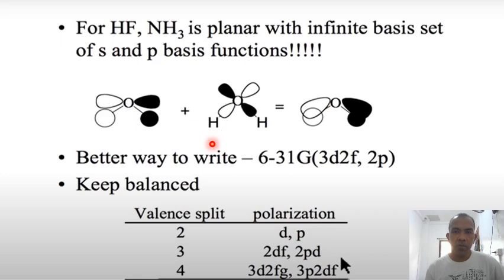But if I were to add a little bit of character of this d function, not saying the oxygen has occupied d orbitals or anything, it's a mathematical function I'm going to use to try to improve my description here.